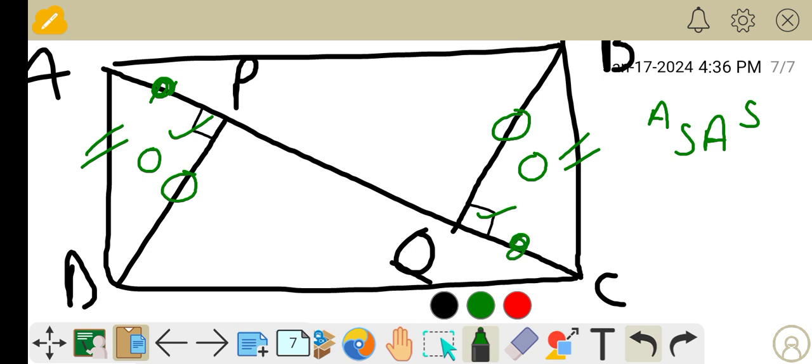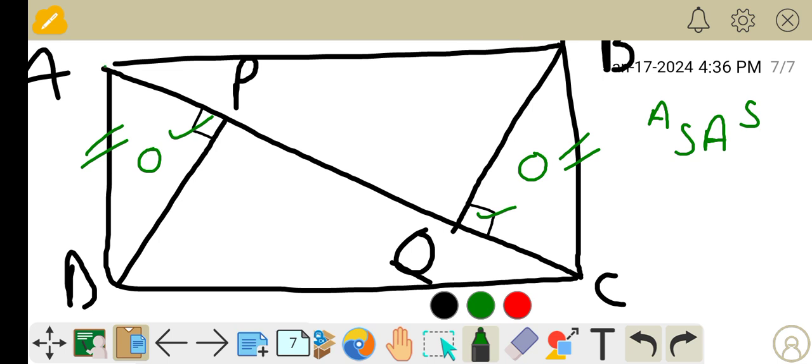So we need to work on angles. The first angle is created by this perpendicular line, and we do not have any information about it. But we have information about this angle because of the parallel lines. We are given that the figure is a rectangle, and we know a rectangle is also a parallelogram, so opposite sides should be parallel.